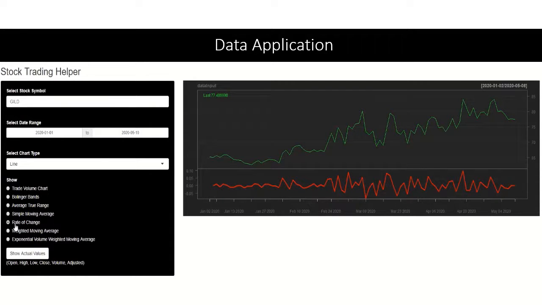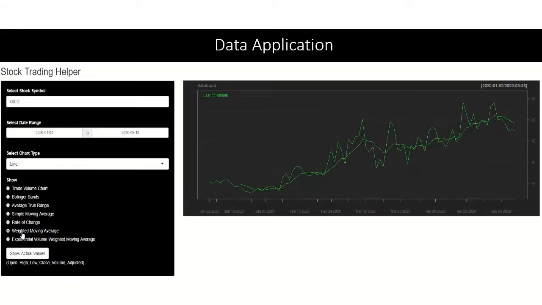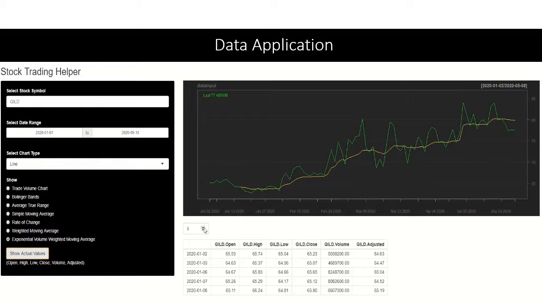Again, this is the rate of change of the price. Then the next one, weighted moving average. And the last one is exponential volume weighted, which is a combination of the exponential volume and the price together in a single graph. Using this button, you can see the actual value of the stock.